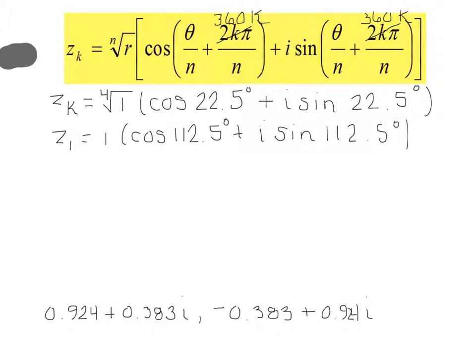And I know that the sine has an i attached to it. So I have my second fourth root of j, or i.